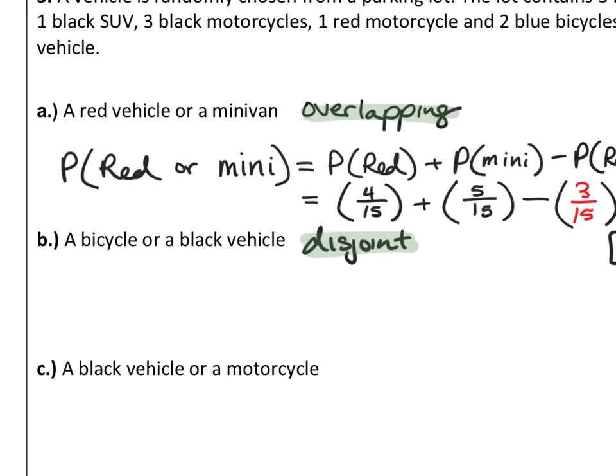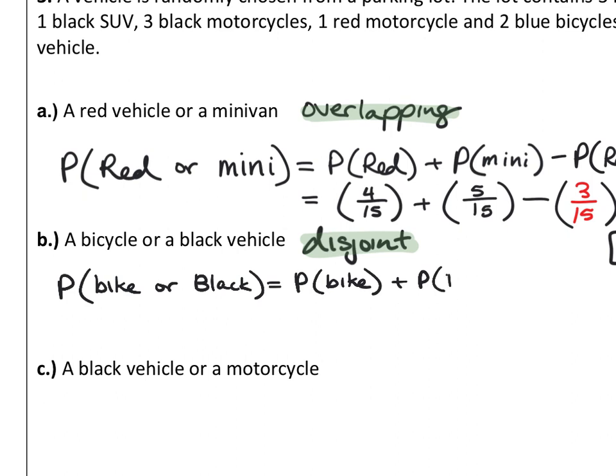Okay, so we would set it up like this. We would say, we are finding the probability that there is a bike or a black vehicle by finding the probability that we would pick a bike plus the probability that we would pick a black car. No subtraction though, because there's no overlap. They are disjoint. So how many bicycles total are there in this parking lot? 2 out of 15. And how many total black vehicles?